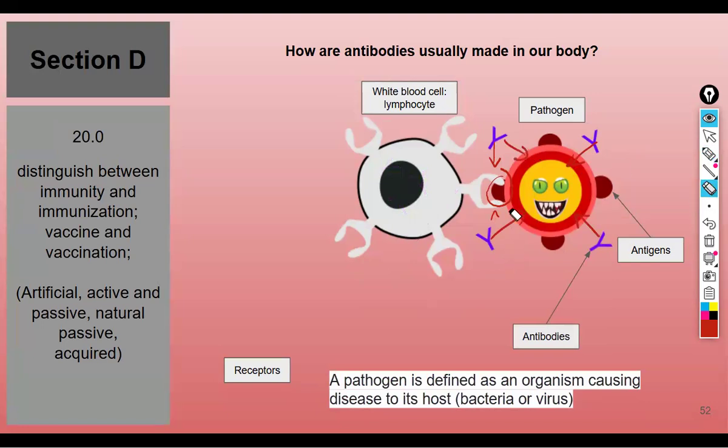But it's very important to remember that these antibodies will only kill that particular pathogen. So every time the lymphocyte comes in contact with a new type of germ, it has to reinvestigate and make brand new antibodies, and then throw them in.